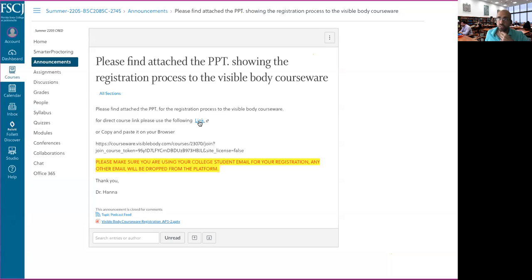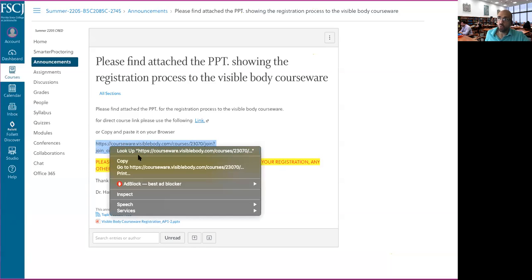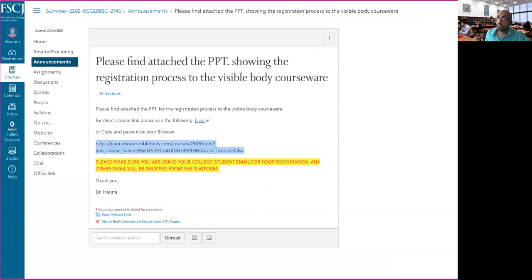When you press on the word link, or you simply copy the URL in here and paste it in your web browser, you're going to be invited to the course and you will be able to register. I've seen a few of you already registered for Visible Body.